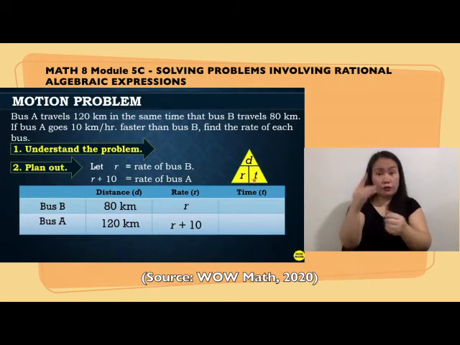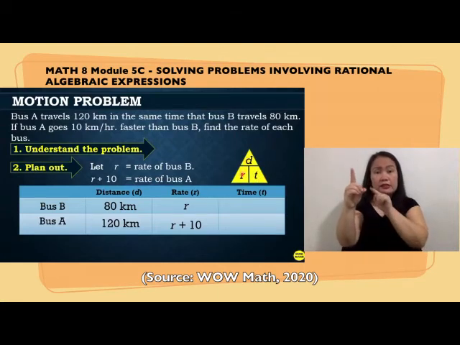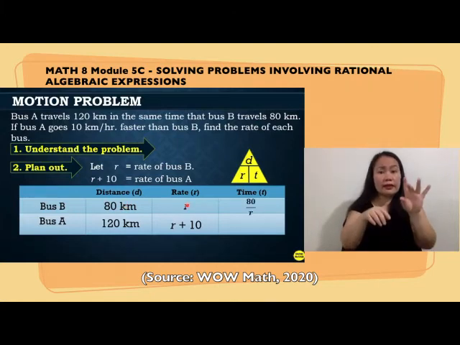If you're going to solve for the rate, distance divided by time. And then yung time natin, distance divided by the rate. So, since time tayo, distance divided by the rate. So, 80 divided by R, and then 120 divided by R plus 10.